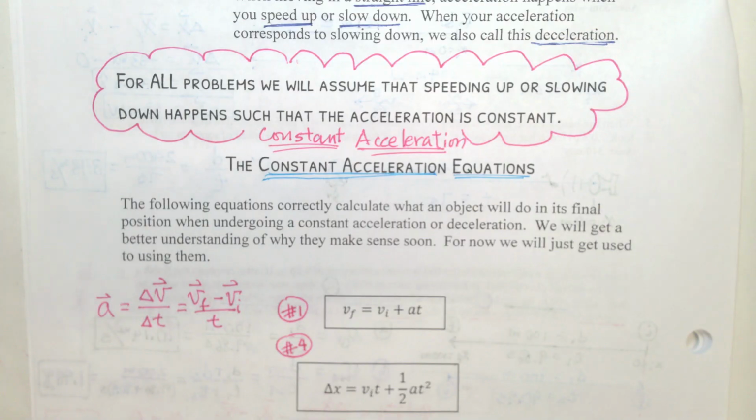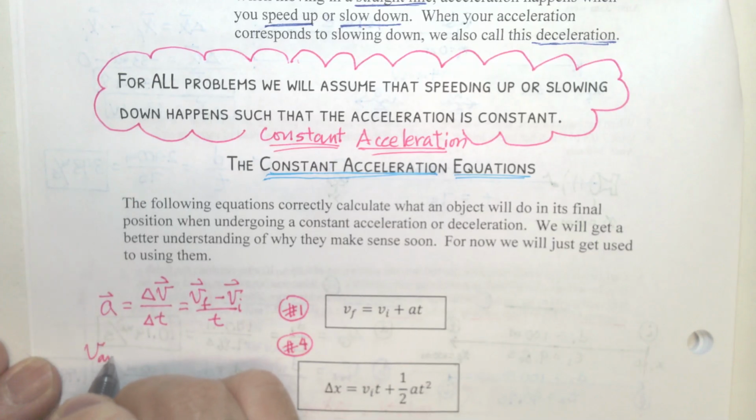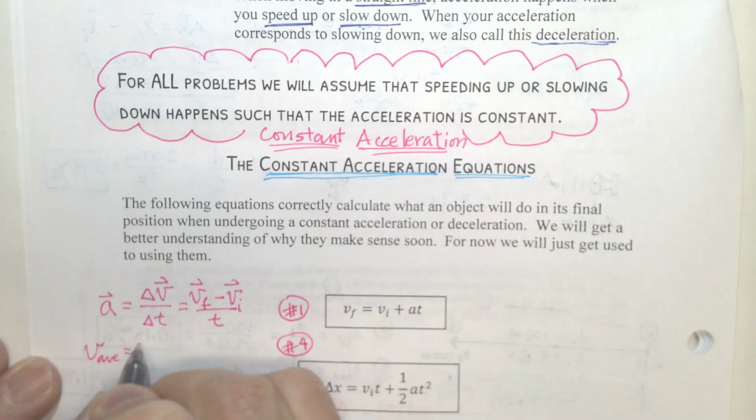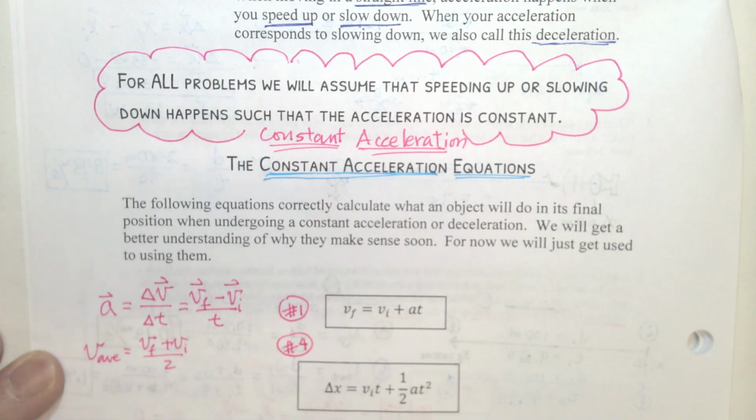Or, if I have two test scores, how do I find the average of those two test scores? There you go, very good. So the average velocity is simply Vf plus Vi, add the two and then divide by 2. That's what that means.